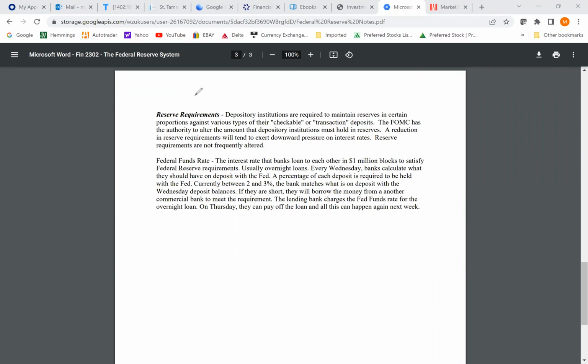So we'll go to the banks and say, guess what? For all the money in the checking accounts that you have for your customers or members, take 10% of all that money and send it to the Fed. And that's a reserve requirement. We are going to hold it, quote, on reserve for you, which is a fancy way of saying we're going to take it away from you.